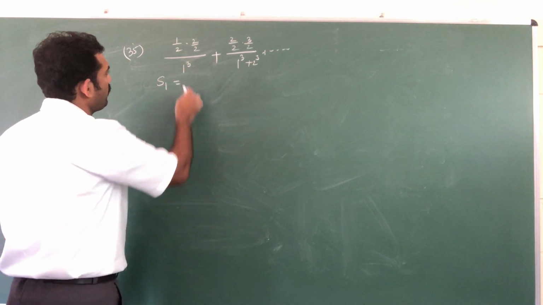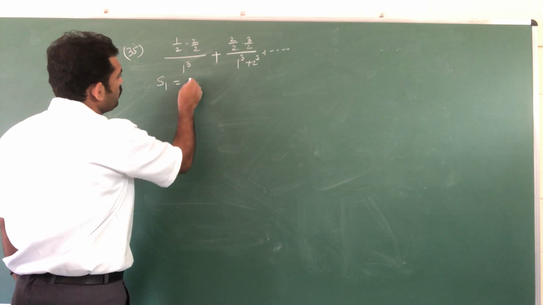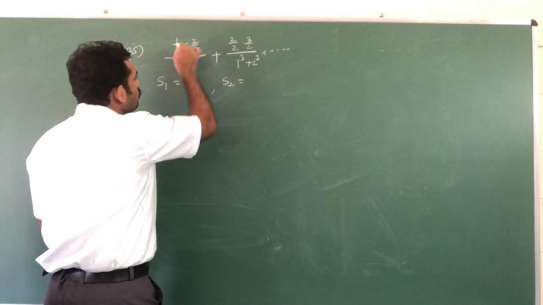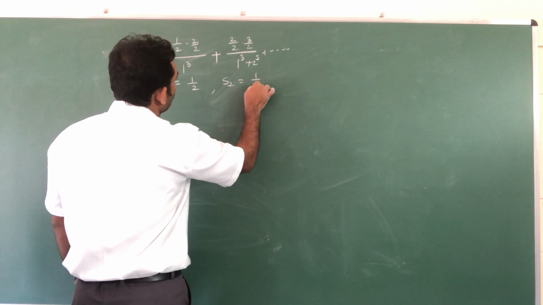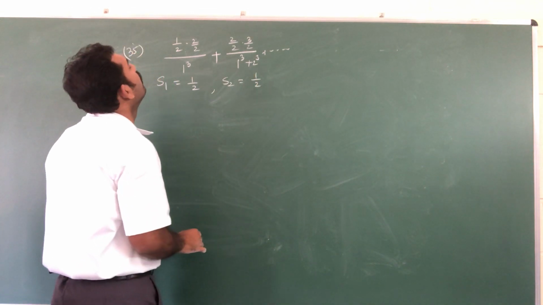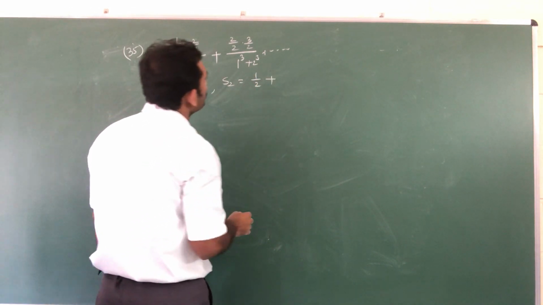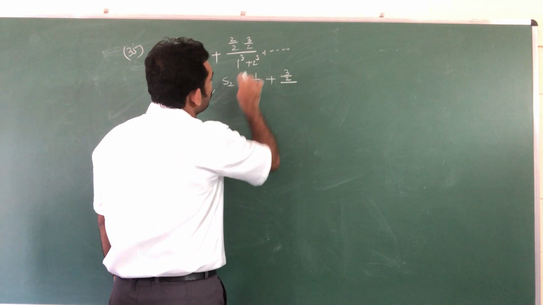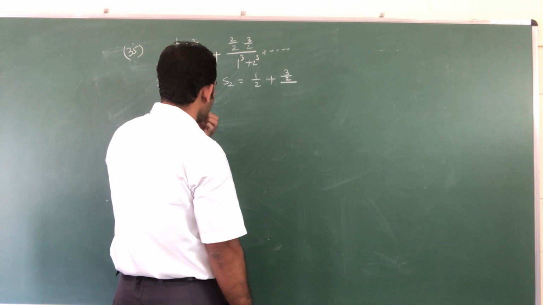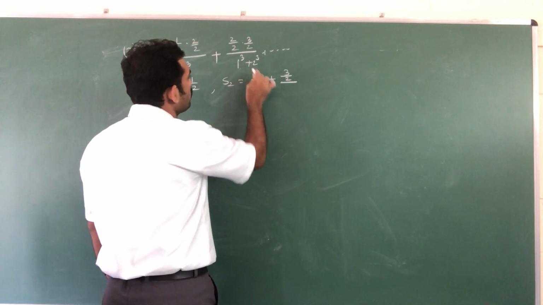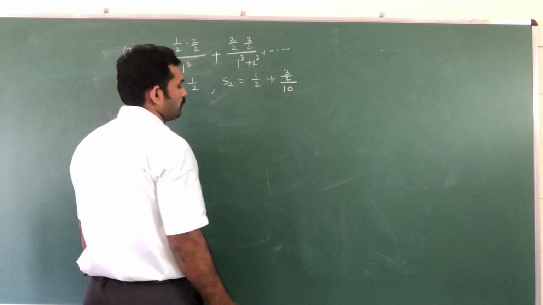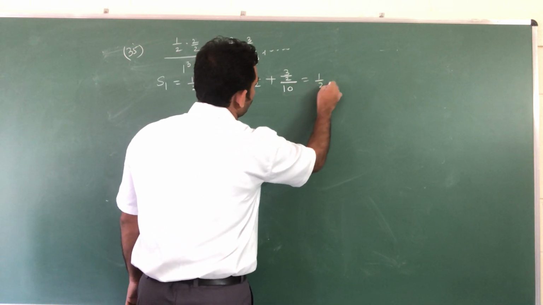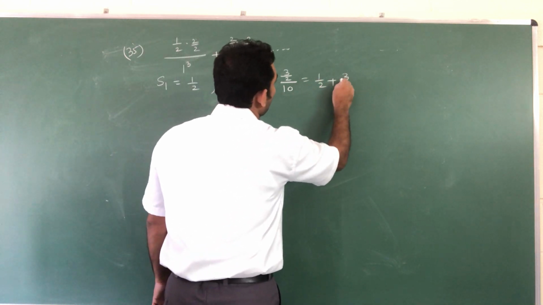S1 value is 1/2. S2 value is 1/2 plus (3/2) divided by (1 plus 2 cube), and 1 plus 2 cube is 10.